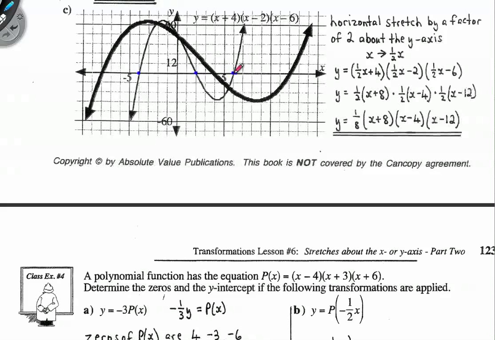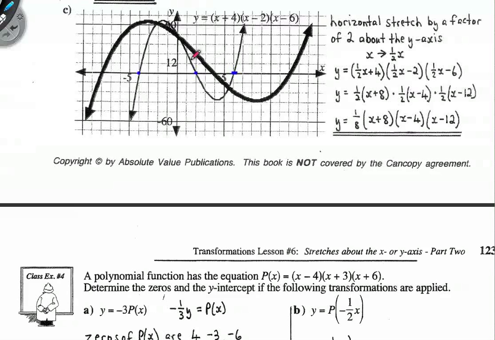So what's happened is it looks like it's a stretch horizontally. This has gone over here. So 2 has gone to 4, 6 has gone to 12, negative 4 has gone to negative 8. The heights are still the same, so it just looks like a horizontal stretch by a factor of 2.